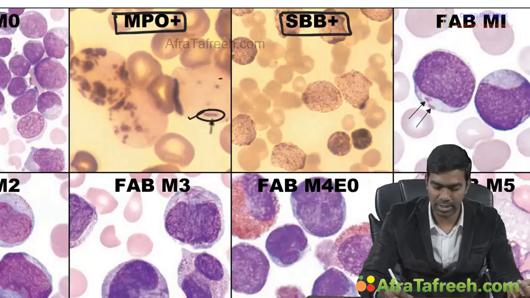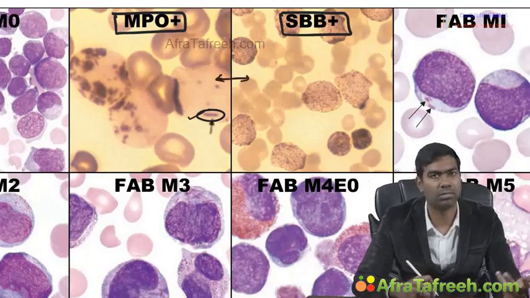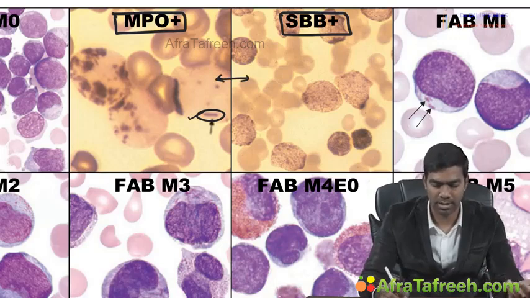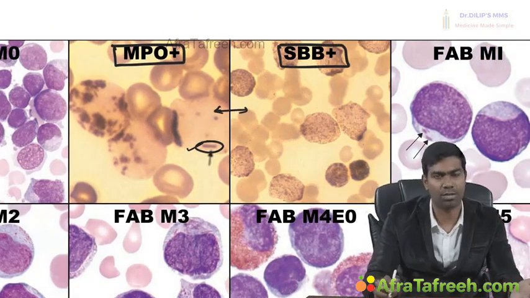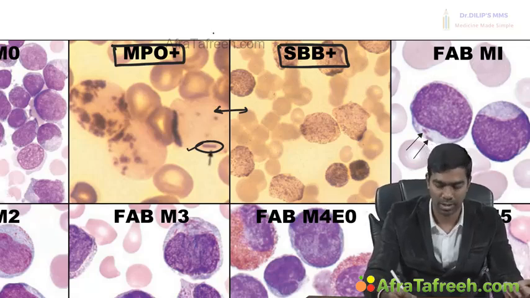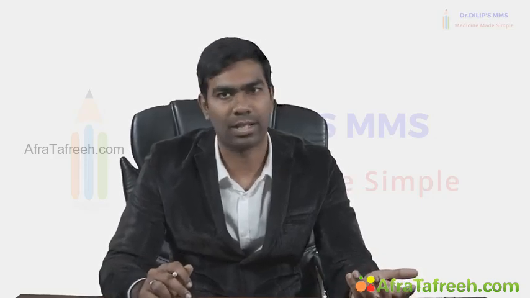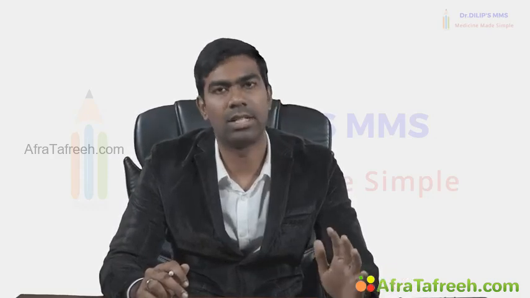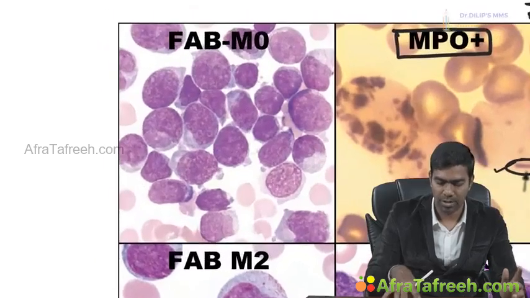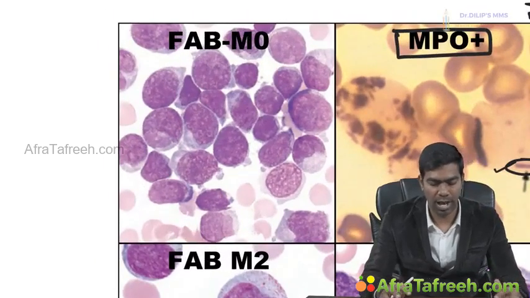If you see any positive myeloperoxidase or Sudan black, I can tell this blast is from myeloid lineage, even though the relative percentage of blasts that stain varies. Clear? Fine. So let us go to AML M0, number one.